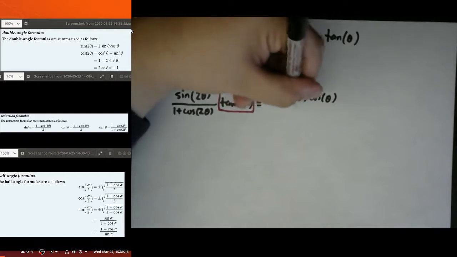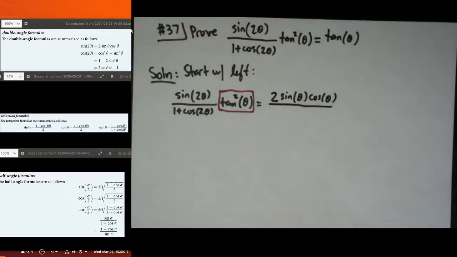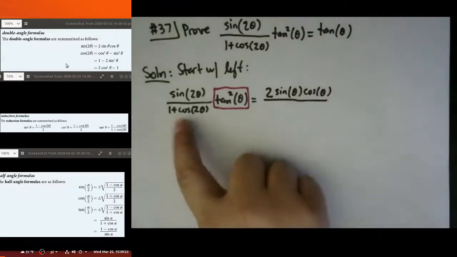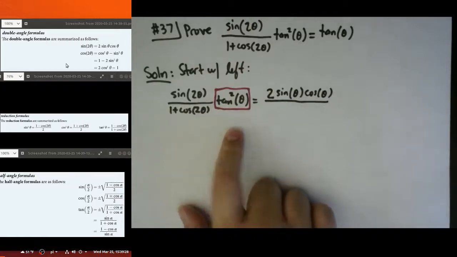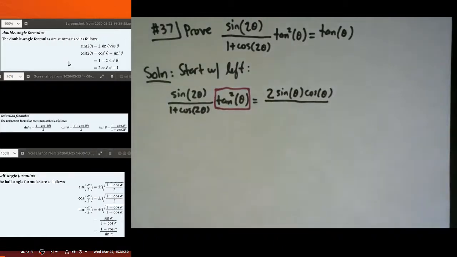And on the bottom, I have a few options. If you think about it, I have 1 plus. So if I could pick a cosine of 2 theta that's going to be something minus 1 or something like that, then that might make my denominator simpler. And if you look at the 3 options, if I chose this first one, my denominator might be messy.